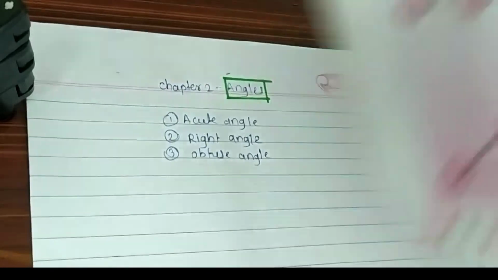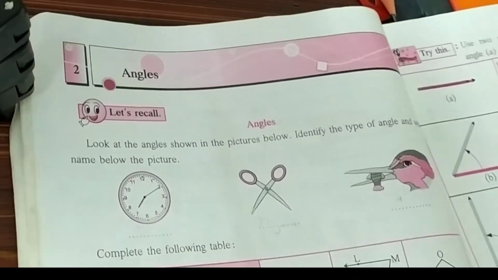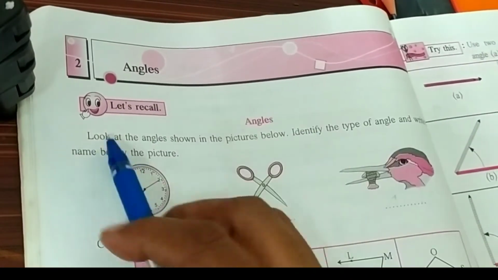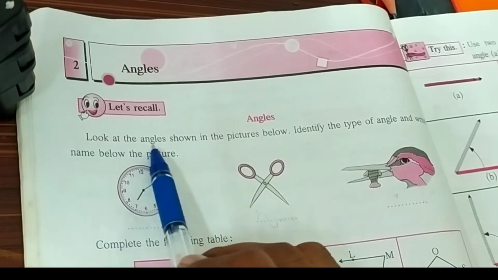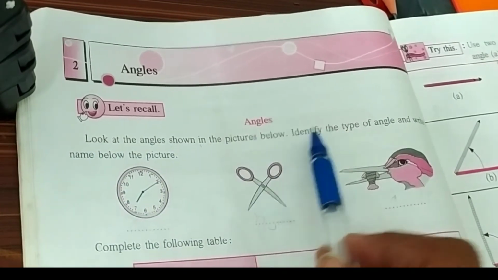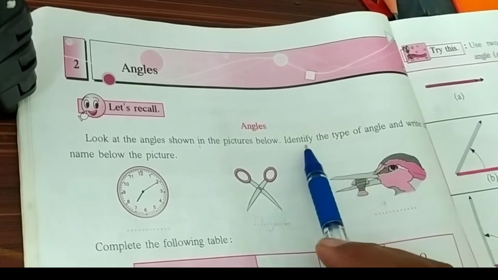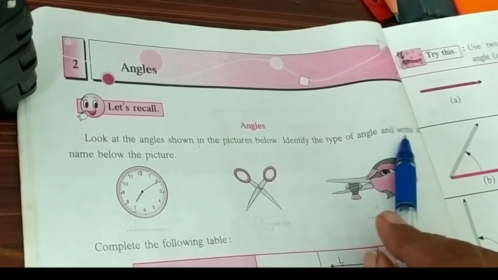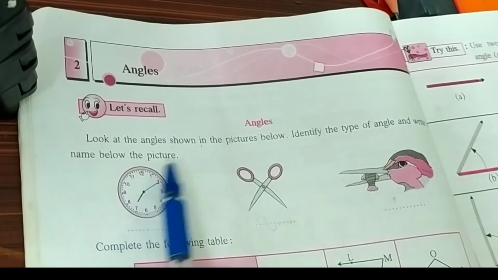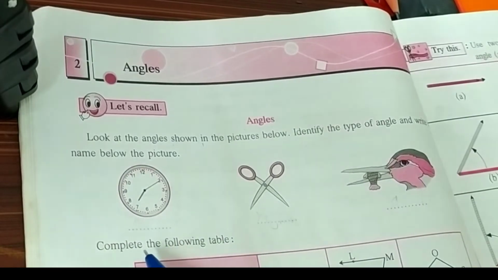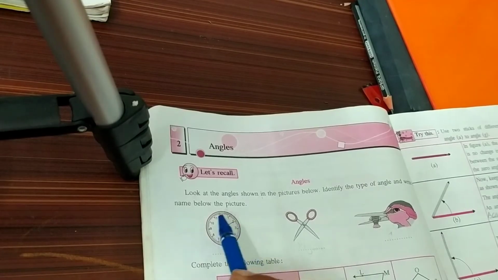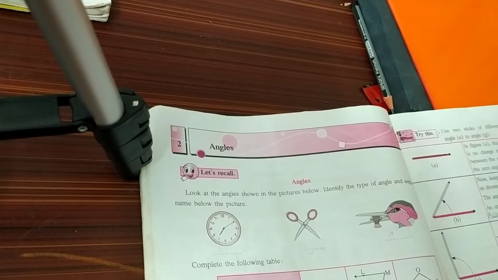Look at page number 6 in your book. Look at the angles shown in the pictures below. Here are some pictures. Identify the type of angle and write its name below the picture. So observe the first picture. It's about a clock.